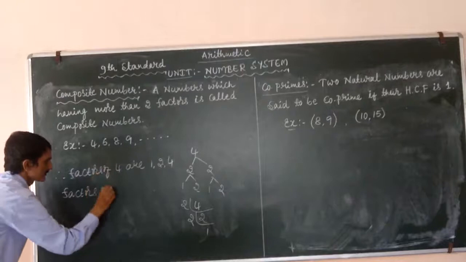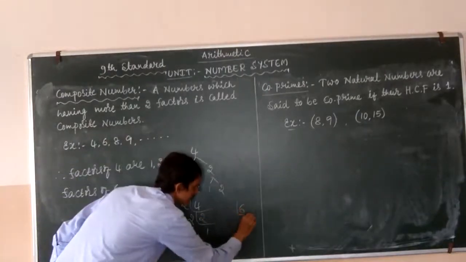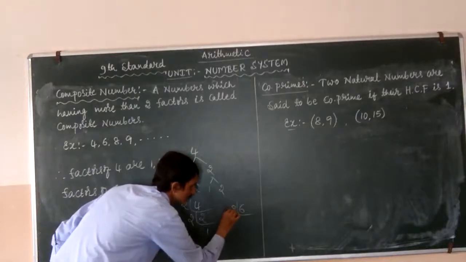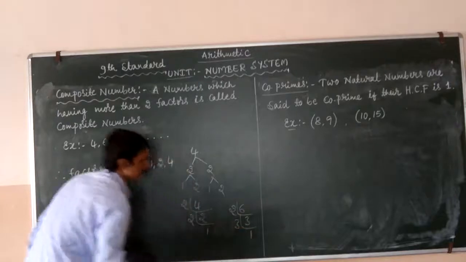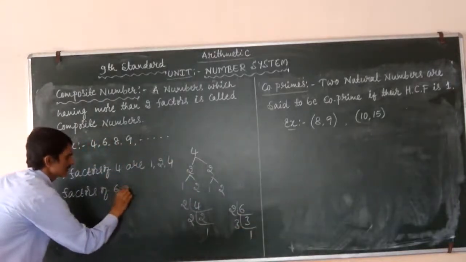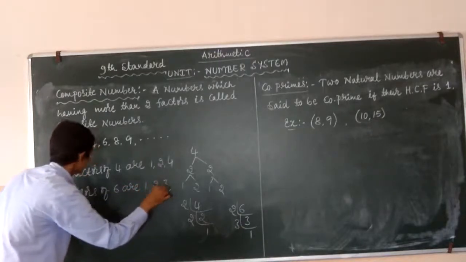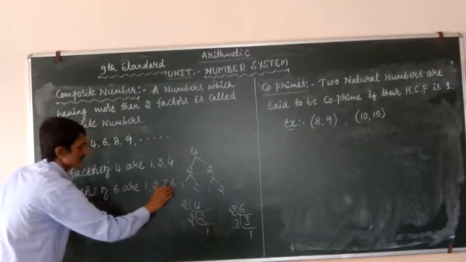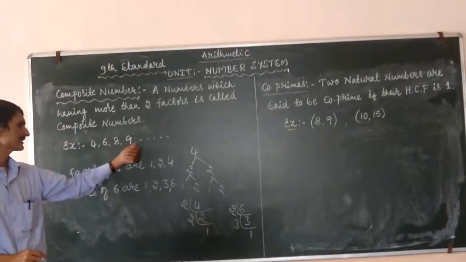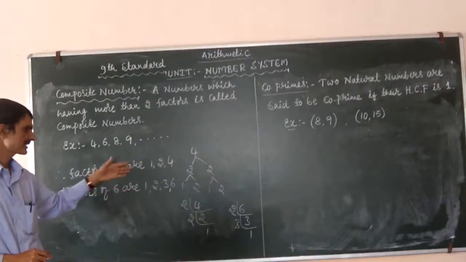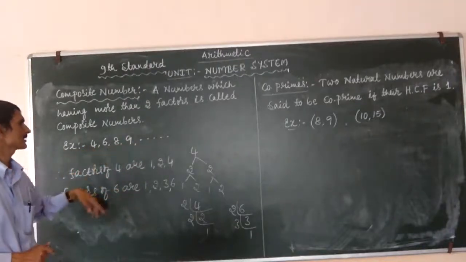Similarly, if we write the factors of 6, if we factorize this, 2 threes are 6, and 1 six is 6. That means they are 1, 2, 3, 6. So these are the factors. In a similar way, we can write the factors for each number, 4, 6, 8, 9.